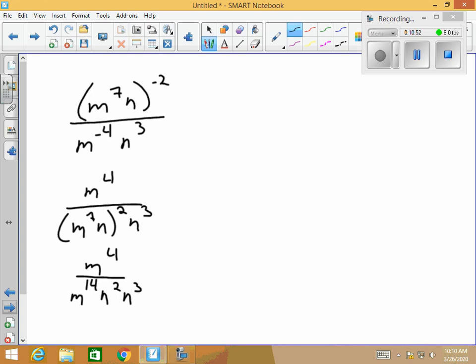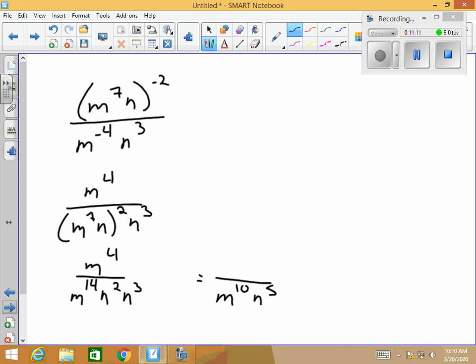And now it's very similar to the previous problem where I have more m's on bottom by 10, and I have n's on bottom, but I add my exponents there because of the product rule, and I get n to the fifth. Well, what happens up here to the top?